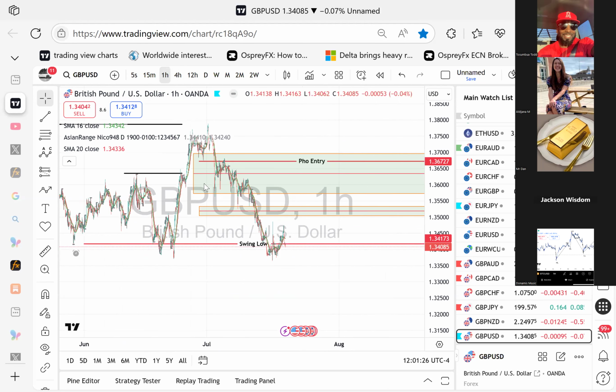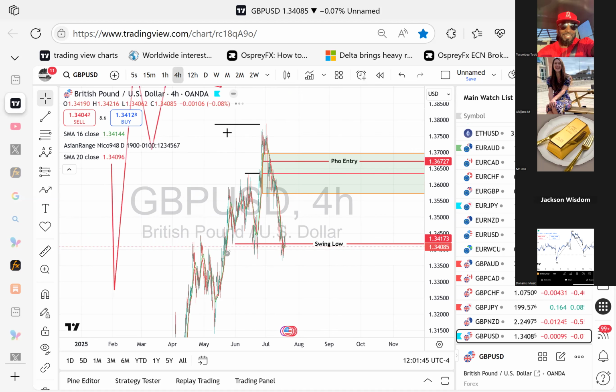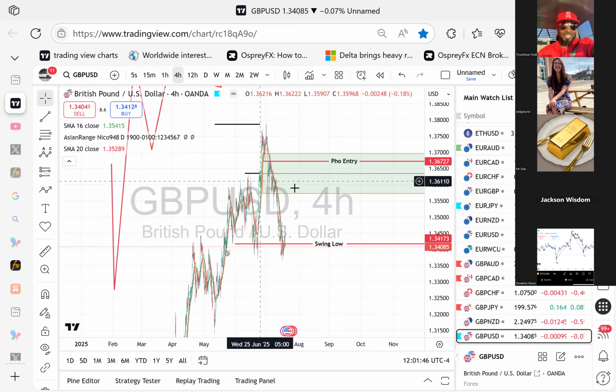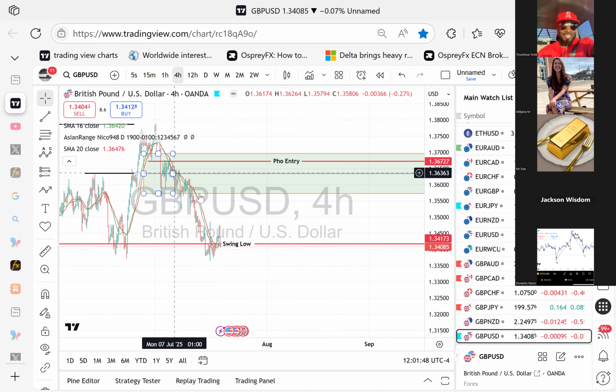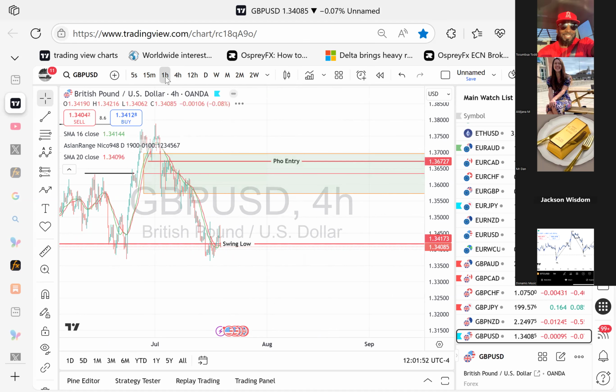What we have to do though, if you're a trader who is going to look for your structure shifts on the 1 hour time frame, you need to be able to identify a structure on that 1 hour time frame. If you're a trader who's not going to identify structure shifts until they happen on the 4 hour time frame, then you need to identify the structure on that 4 hour time frame. But you have to be consistent, right?